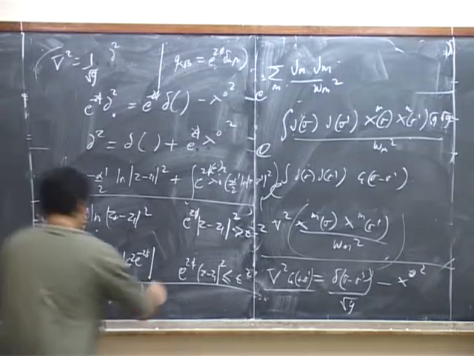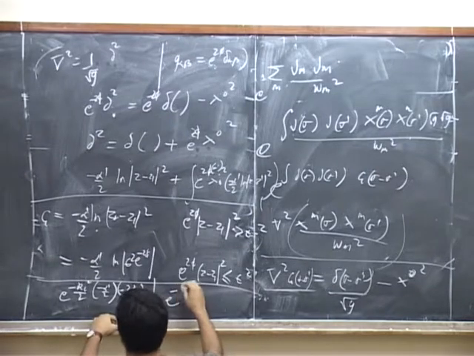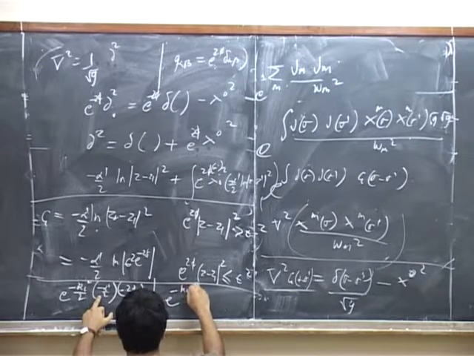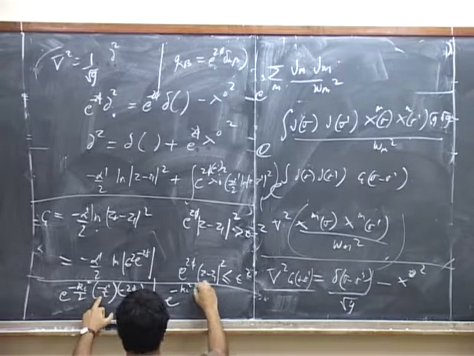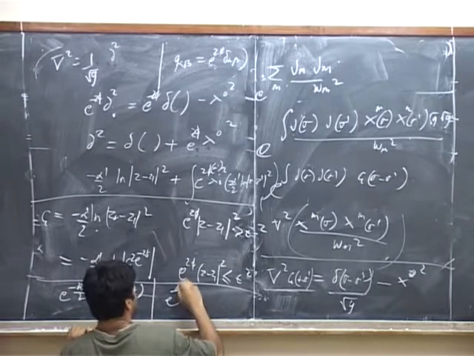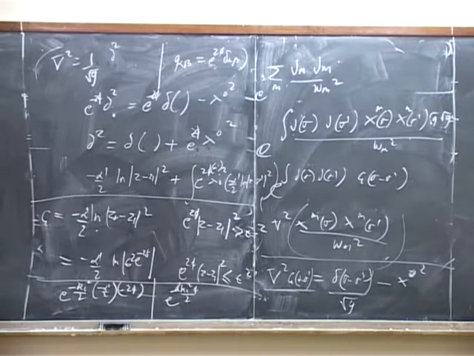Now let's see. We have an e to the power minus, therefore what we get? We get e to the power minus ki squared phi by 2, with an alpha prime. Okay?